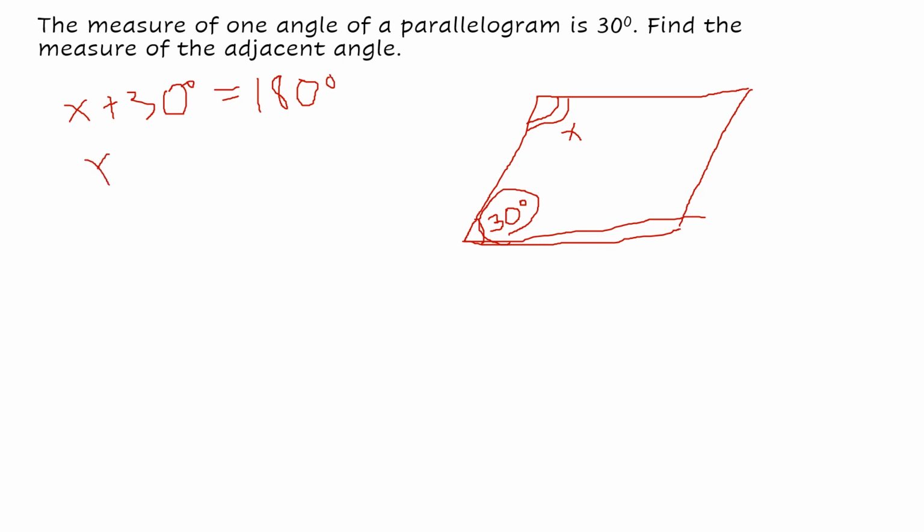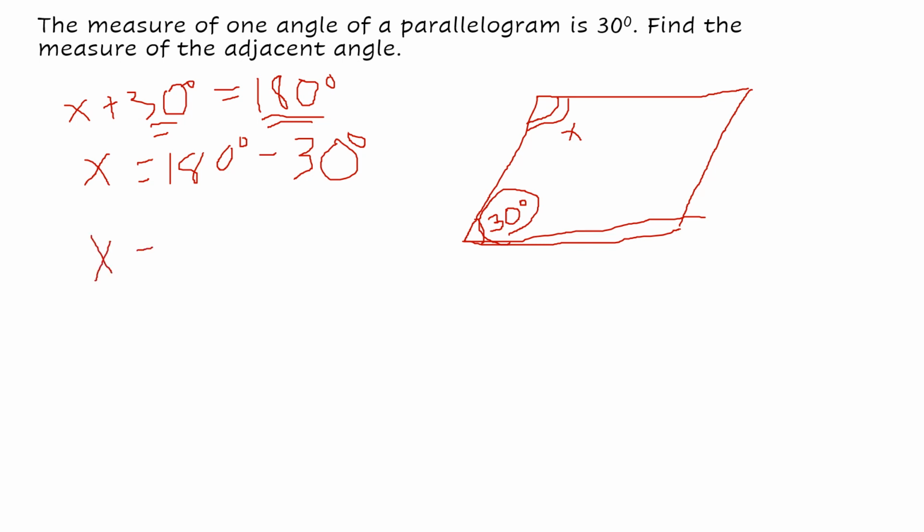Now, just imagine if you already have a 30-degree angle and you are going to have a sum of 180 degrees. How many more to make it 180 degrees? So you can subtract 180 minus 30 degrees.